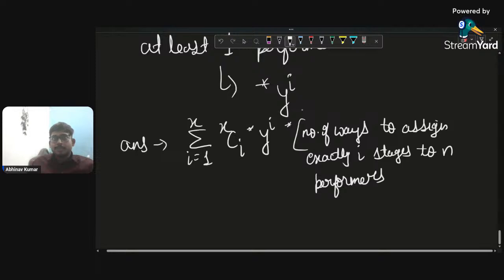I'm making sure all these I stages get at least one performer. This I can write as my final answer.